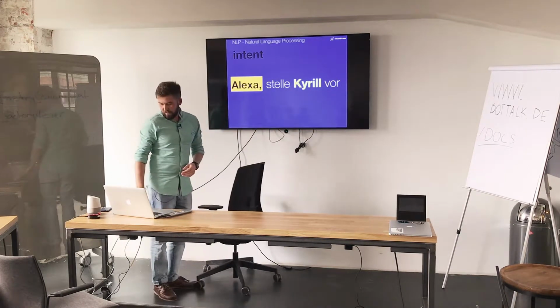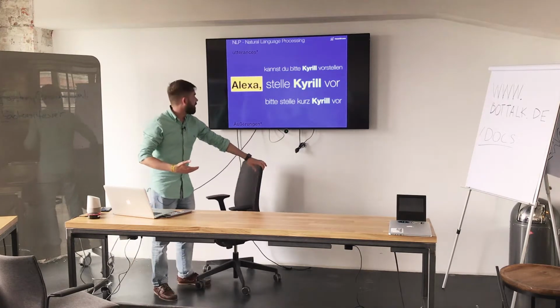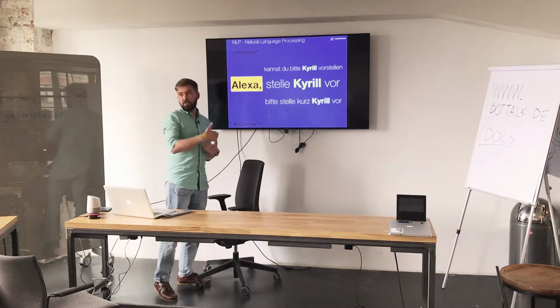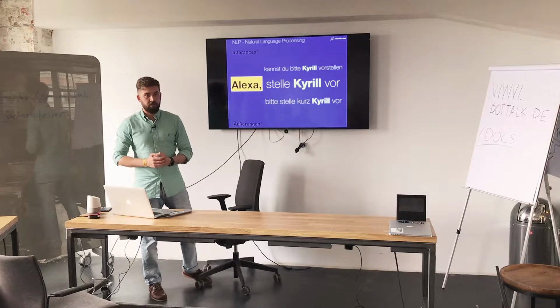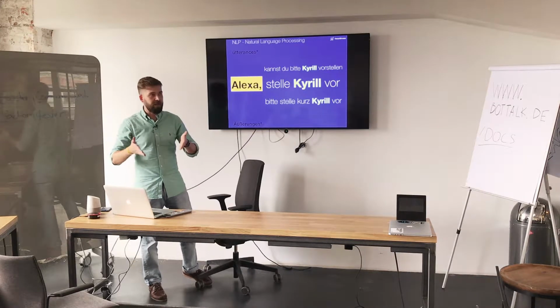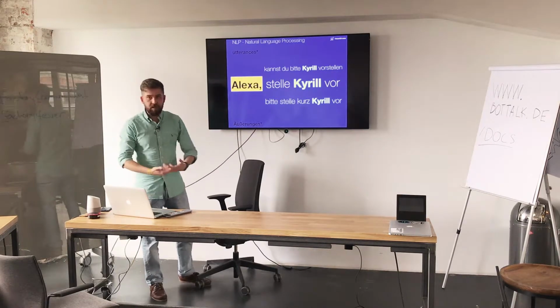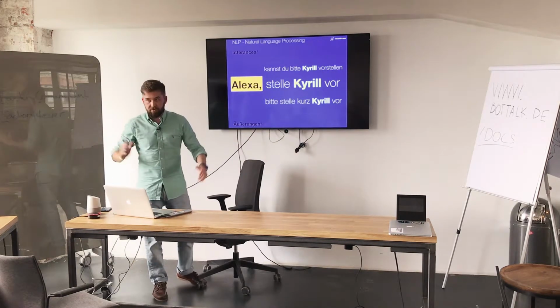As you can imagine, there could be variations of this intent. I could say it like that, or I could say it like that. What do you know about Kirill? Or could you please tell me more about Kirill? There are variations, and in the current state of natural language processing, you, as a skill creator, have to define all of these phrases for yourself, all the variants.